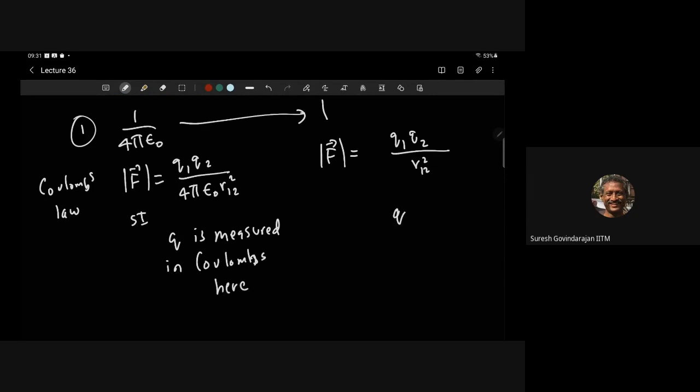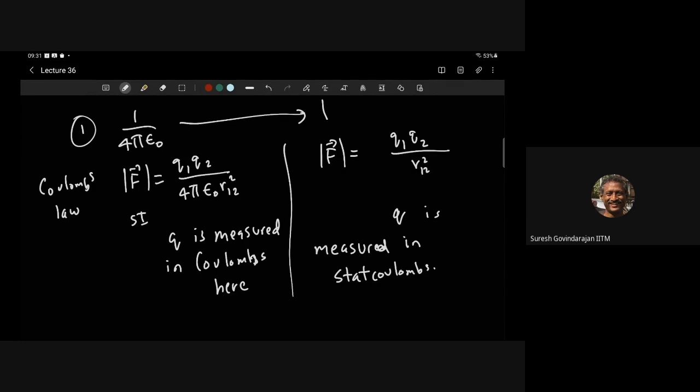Okay, here Q is measured. Anybody know the unit? In stat coulombs. Okay. So that just means wherever you see epsilon naught, put 1 by 4 pi, right?